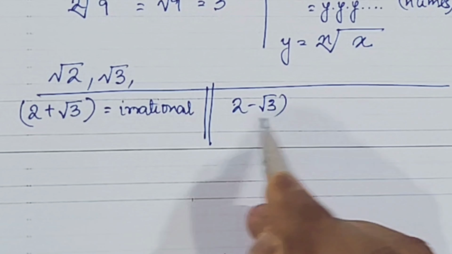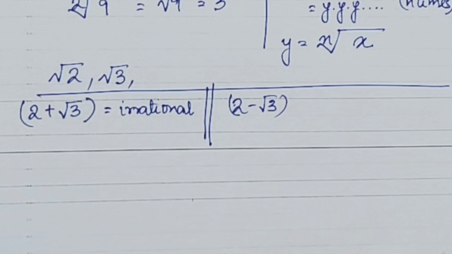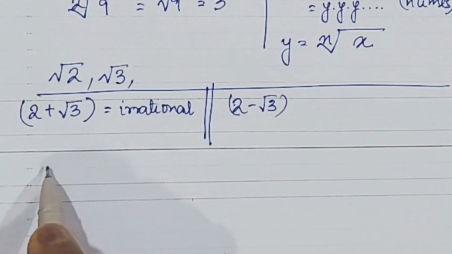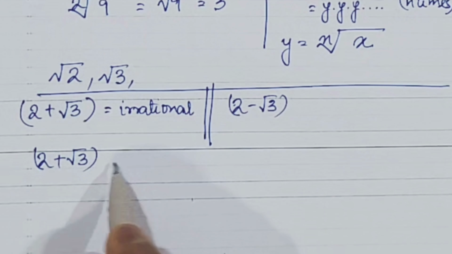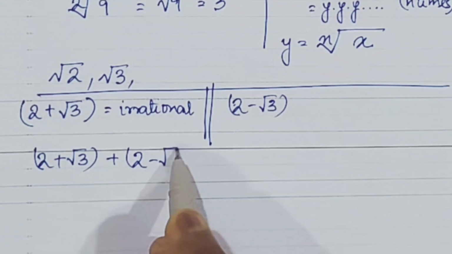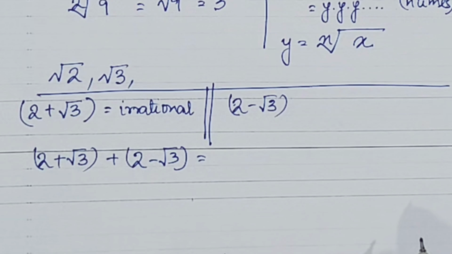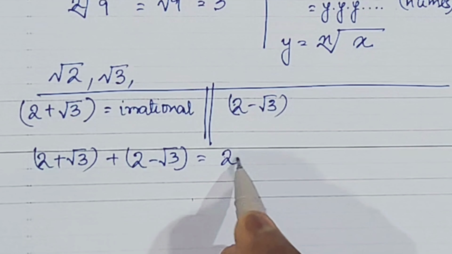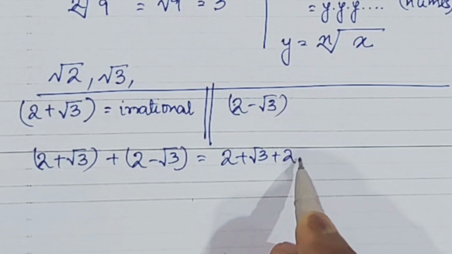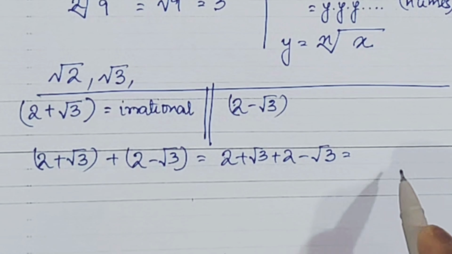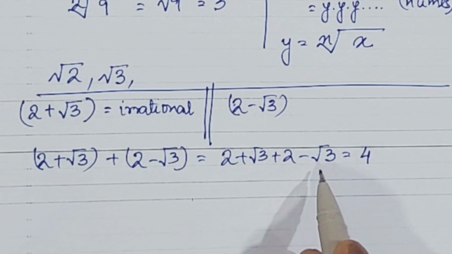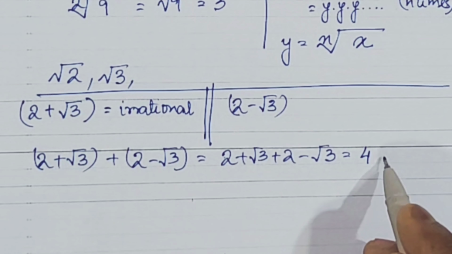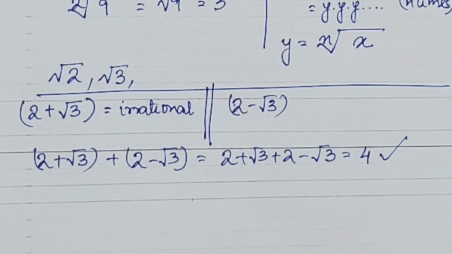Similarly, 2 minus root 3 is also an irrational number. But what happens when you add these two? So 2 plus root 3, your first irrational number, added with 2 minus root 3, results in 2 plus root 3 plus 2 minus root 3, that is 4, because plus and minus root 3 cancel each other, and that is a rational number.